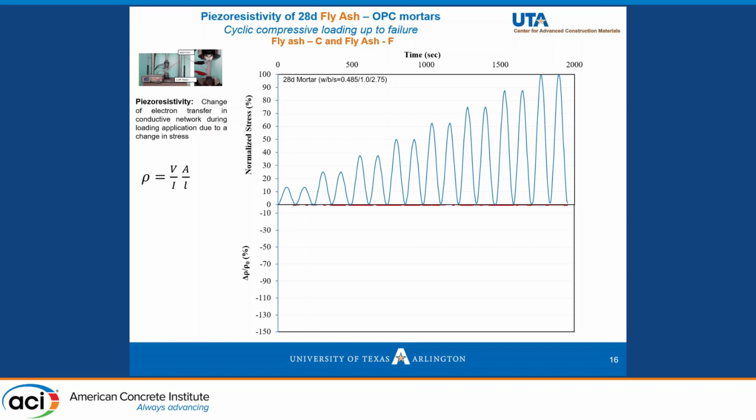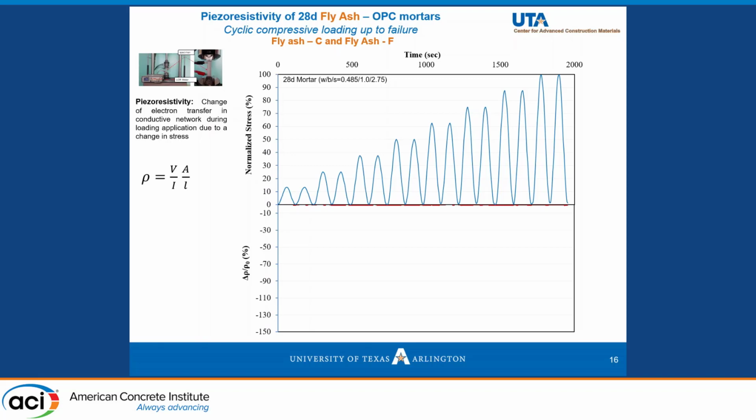We see here in blue the normalized stress of the loading and unloading cycles of the compressive load. On the bottom here, and you can't really see it, but it should be in red, is the fractional change in resistivity of the fly ash mortars. As fractional change in resistivity, we calculated the resistivity in real time minus the initial resistivity divided by the initial resistivity.